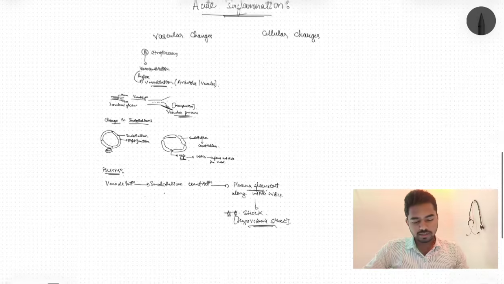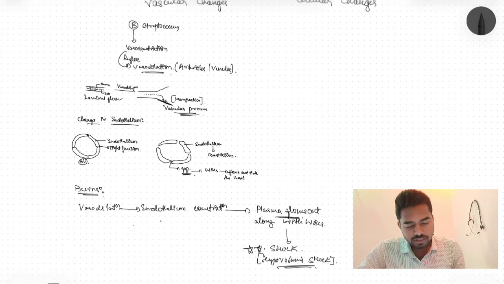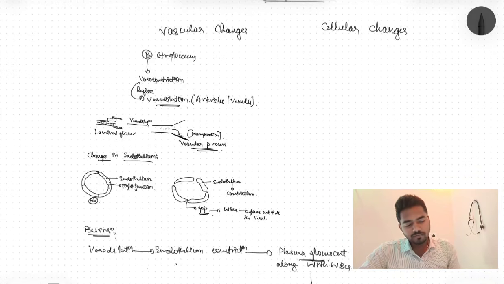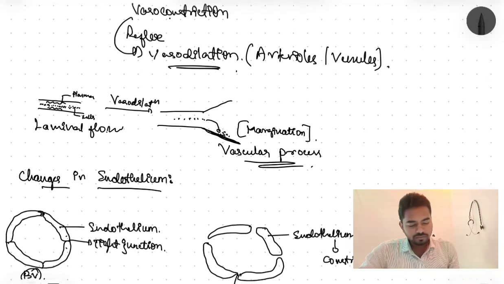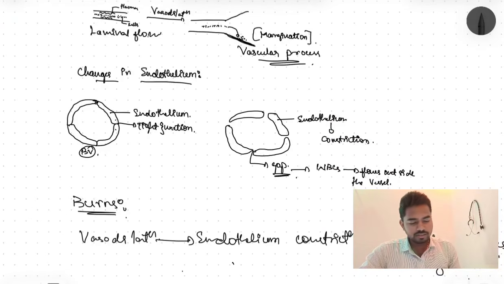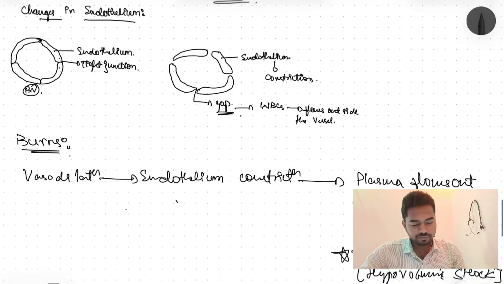Vascular changes, just a recap. Streptococcus bacteria came, vasoconstriction occurred, immediate reflex vasodilation occurred, and due to this vasodilation, the cells in the center came to the periphery. We'll call this margination. Changes in endothelium: previously there were tight junctions, but due to constriction of the endothelium, we got a gap.